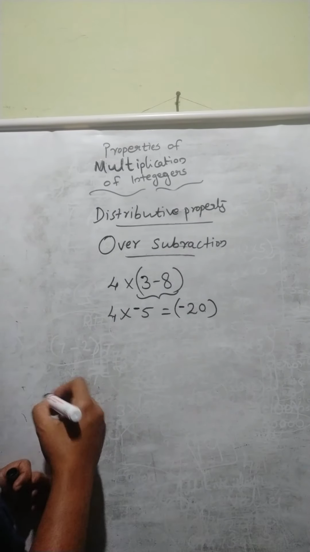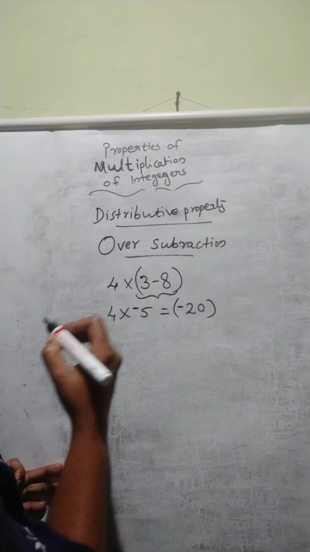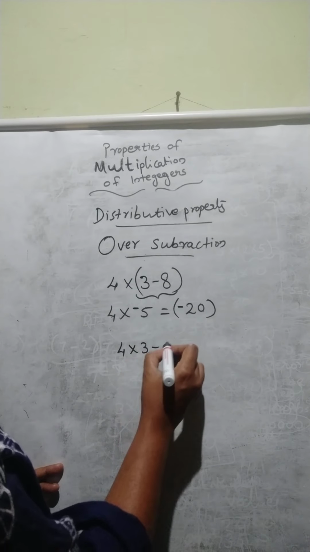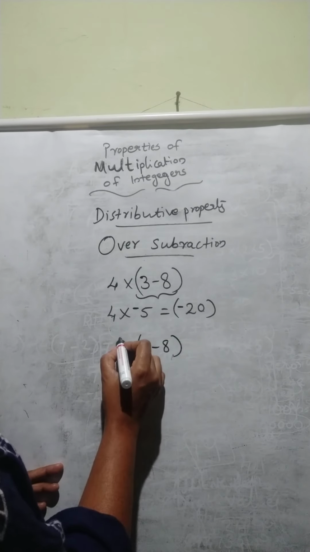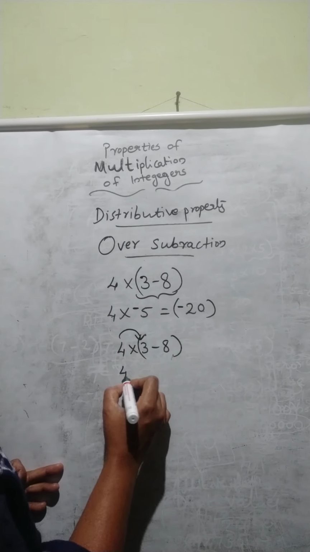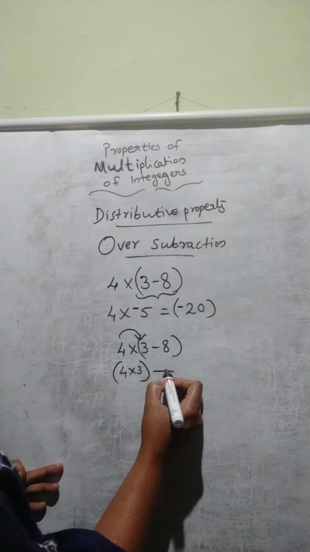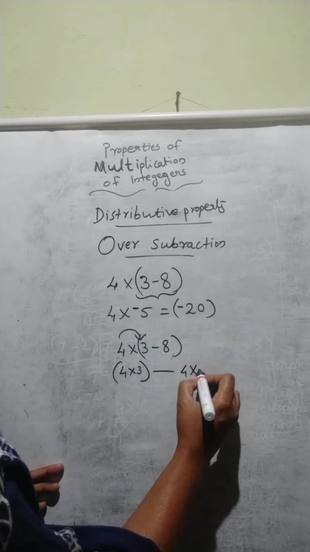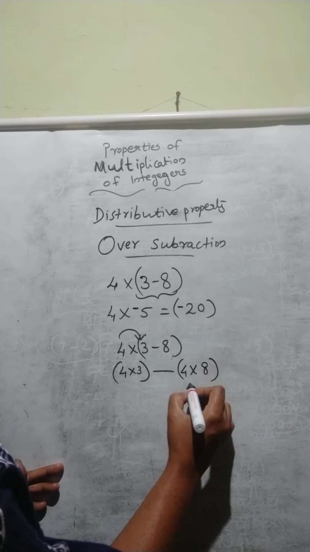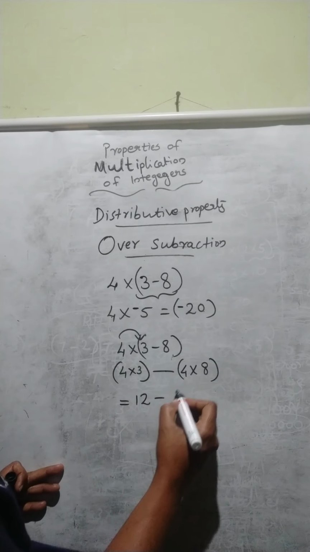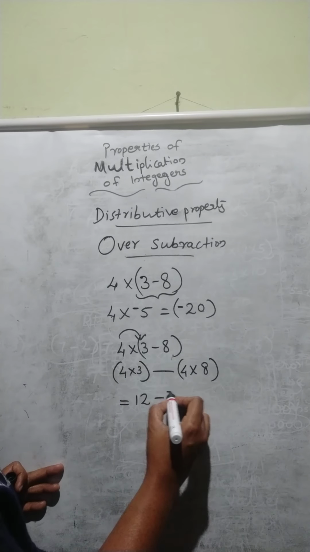Then in case of distributive property, we can do this one. 4 times 3 minus 8 is the question. So first we can multiply 4 and 3. Then keep this in the bracket. Then subtract 4 multiplied by 8. Then 4 3s are 12. 12 minus 4 8s are 32.